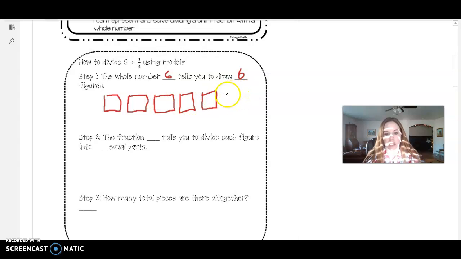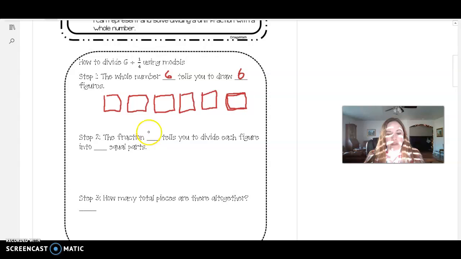Okay, I've done 5. Let's do one more. Okay, and really our squares should all be the same. But once again, when we're using a drawing tool, they're not always equal, but let's just pretend they are.